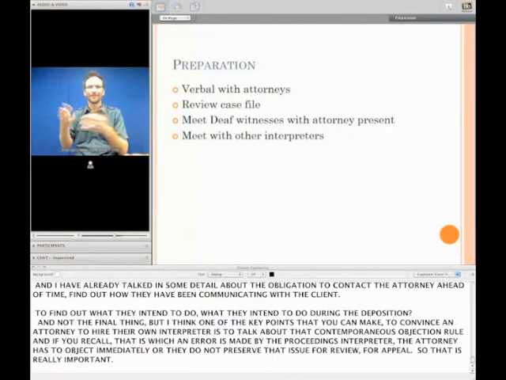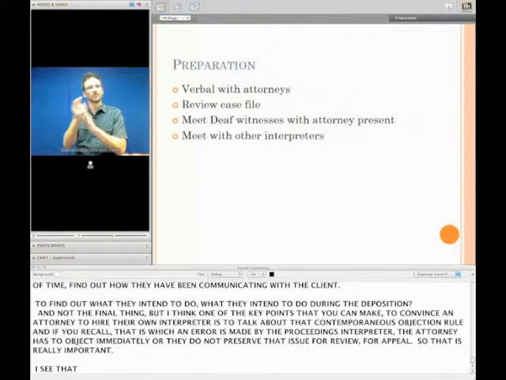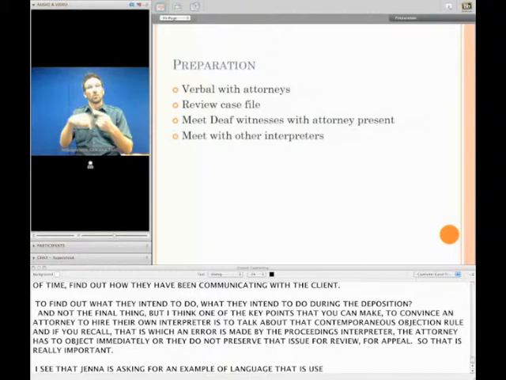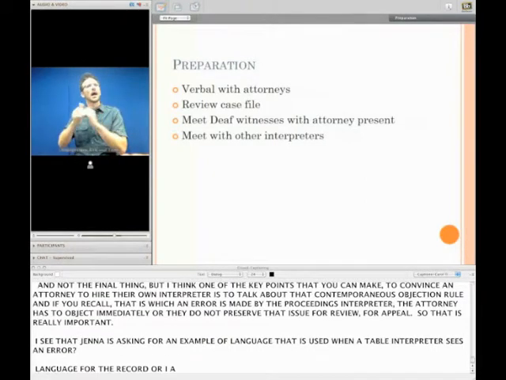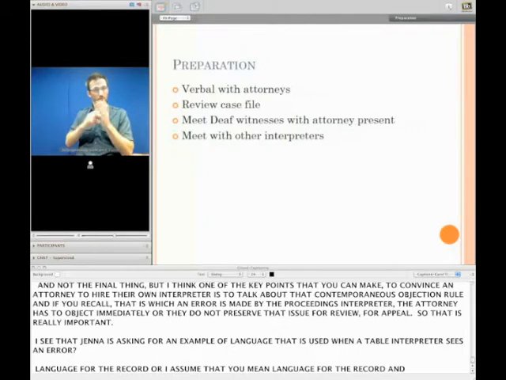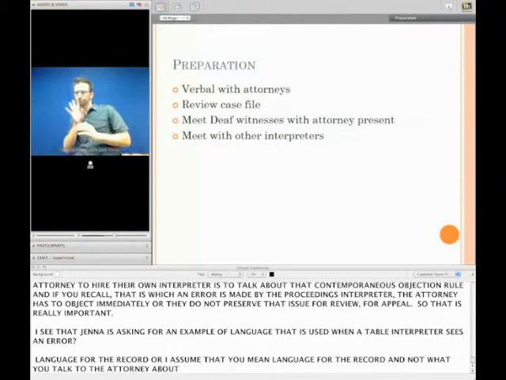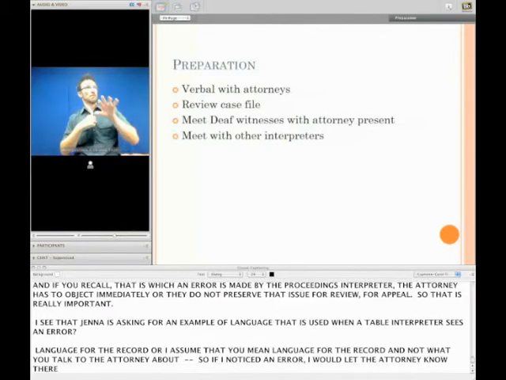I see that Jenna is asking for an example of language that might be used when a table interpreter sees an error. I assume that you mean language for the record and not what you talk to the attorney about. So if I noticed an error, I would let the attorney know that there's an error that needs to be discussed.